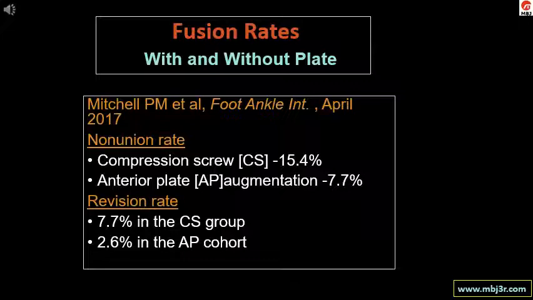The revision rate was 7.7% in the compression screw group and 2.6% in the anterior plate augmentation group. This study was published in Foot and Ankle 2017. That means plate and screw is better than compression screw for ankle arthrodesis.